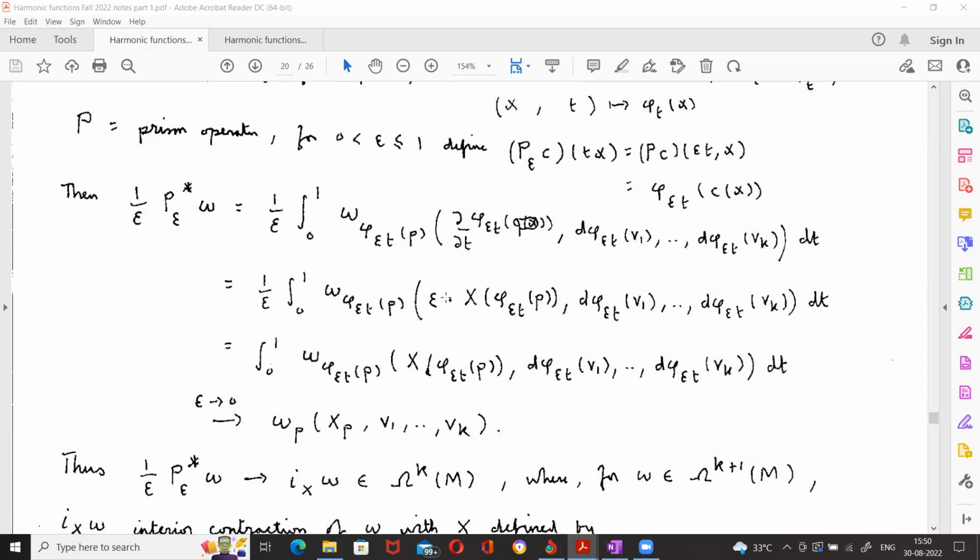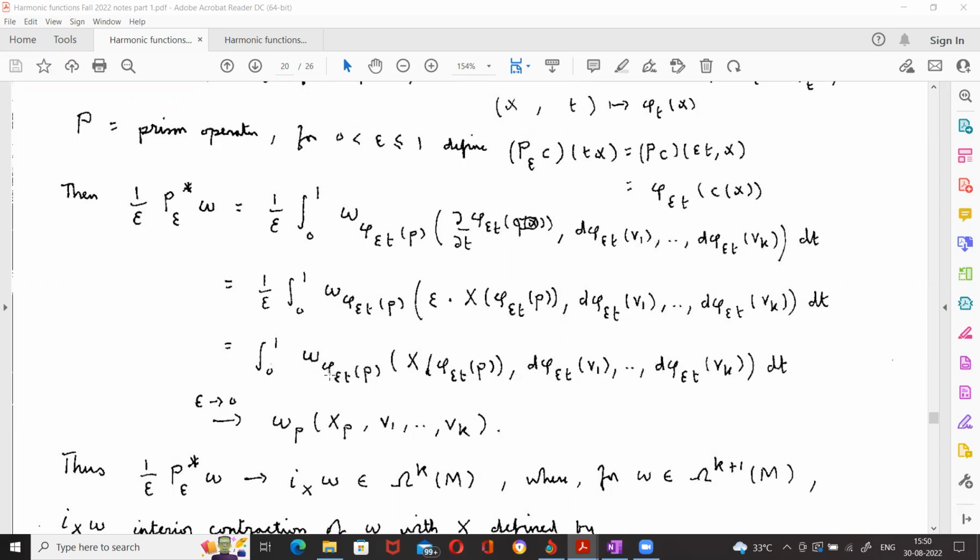So this epsilon will come out because omega is multilinear, and cancel with the 1 over epsilon. So I'll just get an integral 0 to 1, omega at the point phi epsilon t of p, x at the point phi epsilon t of p, d phi epsilon t of v1 up to d phi epsilon t of vk, dt. Now as epsilon tends to 0, this whole thing is a continuous function of epsilon, so I can just put epsilon equal to 0.